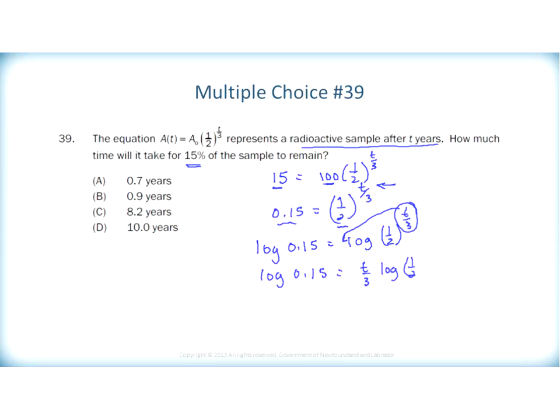Since we're solving for t over 3, I'm going to divide both sides by log of 1/2. This would give me 2.73696 equals t over 3. And so we multiply this by 3, then t would equal 8.2.